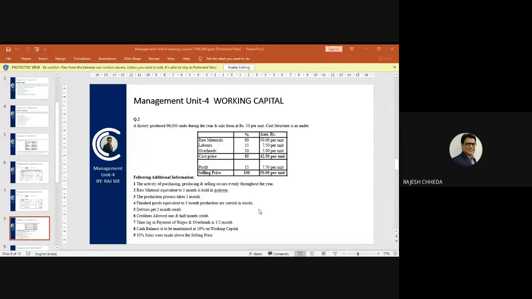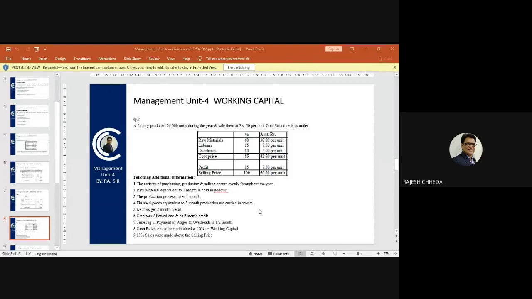So the calculation is 8,000 into 1 into 30, plus 8,000 into 1 into 7.50 into 50%. Then the third element of WIP, overheads, is 8,000 into 1 into 5 into 50%. The total of these three calculations will be my work in progress.